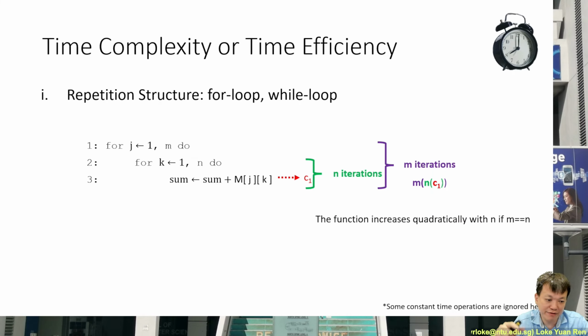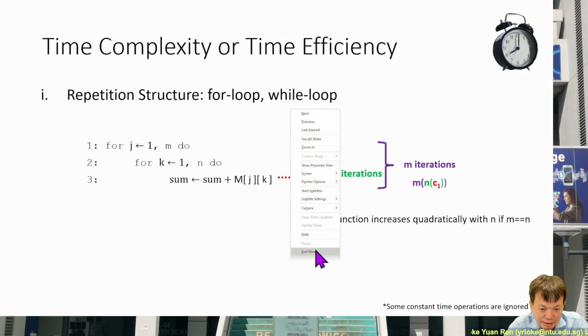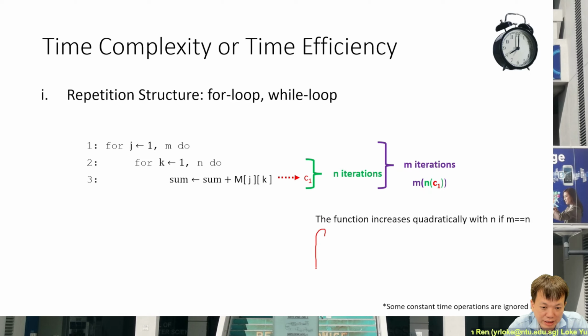So let's say if it's a square matrix, m is equal to n. In that case, this is a function of, so which means, where is it? Let me find a pen. That means for this particular function, you expect that the time complexity is something like c times n squared plus whatever constant, doesn't matter.